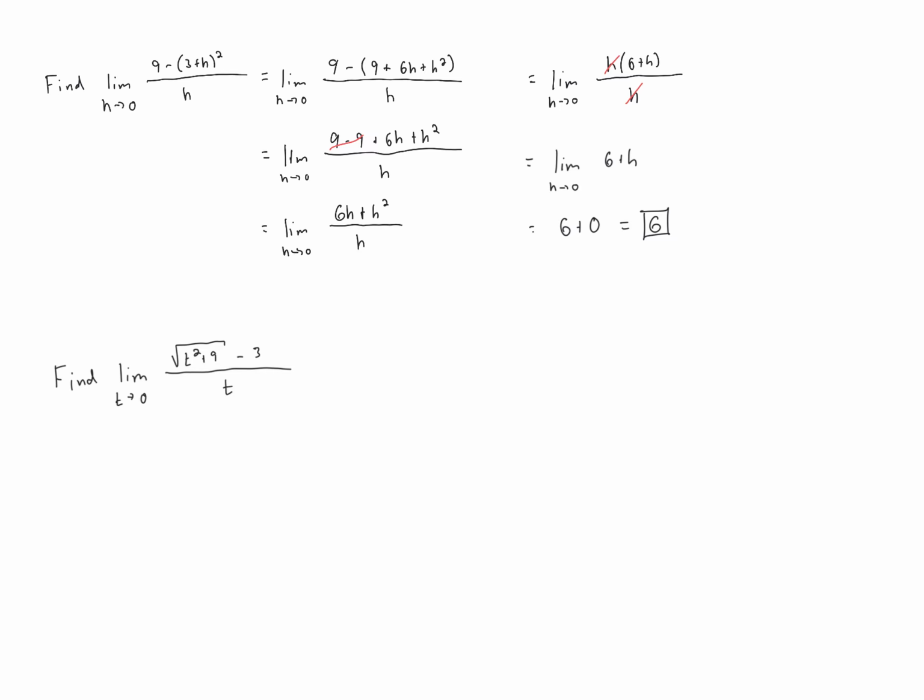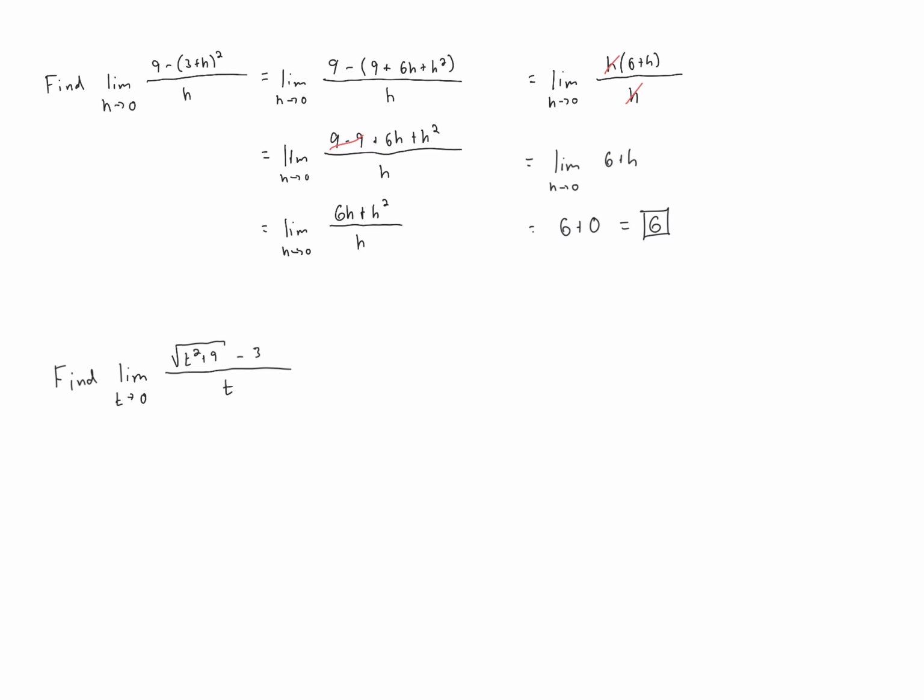Even so, if we tried to plug in t equals 0, we would still end up with 0 in the denominator. So even if we could move the limit into the numerator and denominator and move the limit inside the square root and go through all of that, it still wouldn't work because we'd have a 0 in the denominator. So we need to do something to get rid of that.